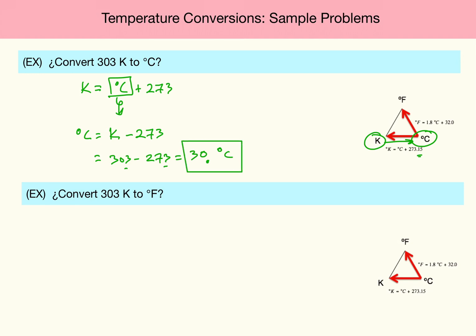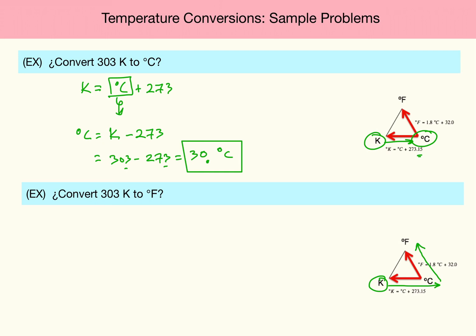So let's now look at a more difficult problem. Let's say a test problem was: convert 303 Kelvin to degrees Fahrenheit. If I map that out, I would have to start at Kelvin, convert to degrees C, and then convert that to degrees F. I have a two-step problem here.